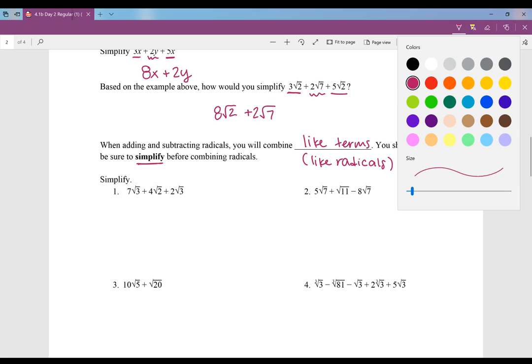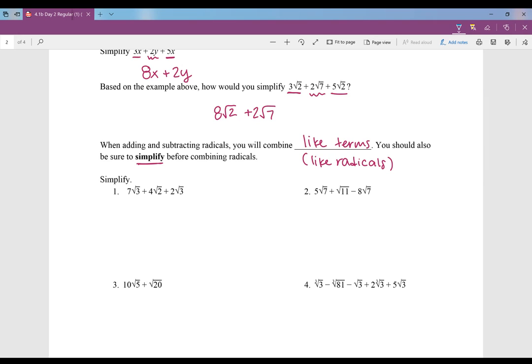So let's do a couple examples. So for number 1, we simplify 7 root 3 plus 4 root 2 plus 2 root 3. Now first we need to check if we can simplify any of these. So can root 3 or root 2 simplify at all? No, so that means they're simplified all the way already.